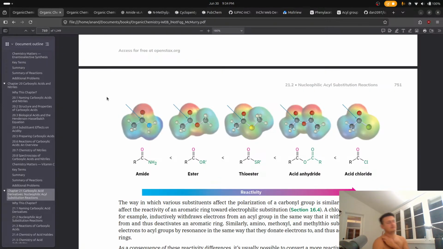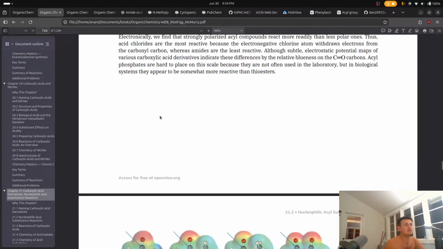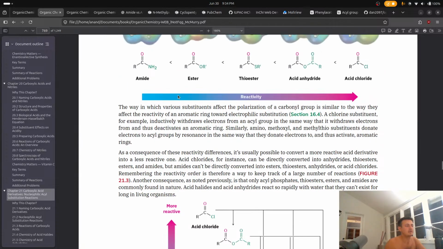I wonder why thioesters are more reactive than esters. And then anhydrides, acid anhydrides. And then acid halides. They specifically wrote chloride, which I find pretty odd. But I'm going to copy them.